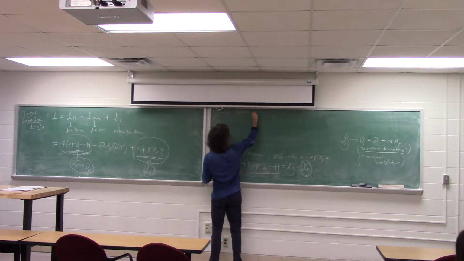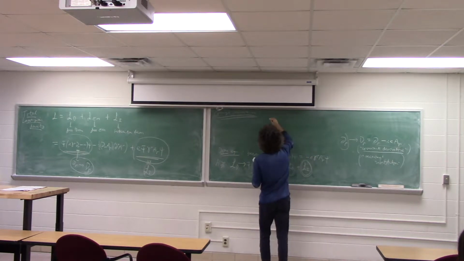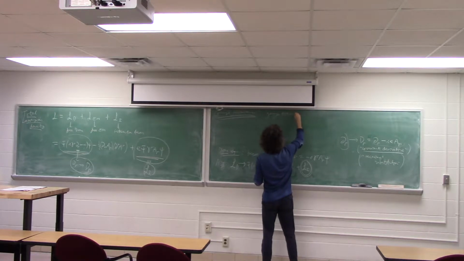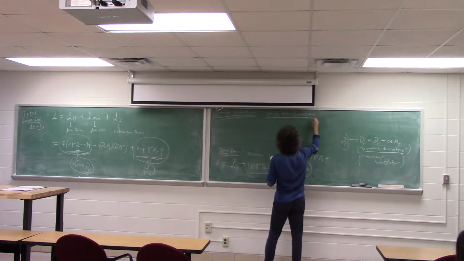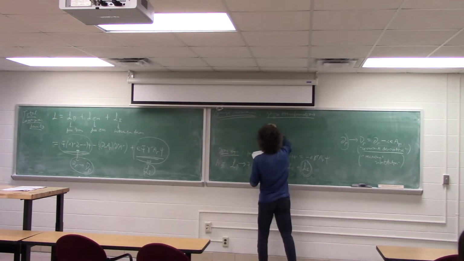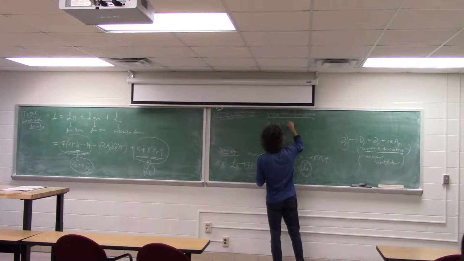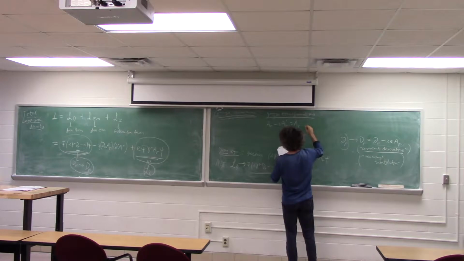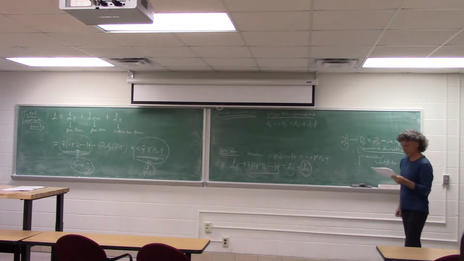So, gauge transformations. In the gauge transformation of the electromagnetic field, the vector potential is replaced by a new vector potential which is equal to the old one plus the gradient of a scalar function.